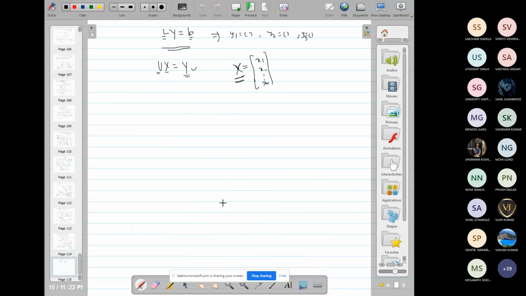Now consider one example. Solve the given system of equations 10x plus y plus z is equal to 12, and 2x plus 10y plus z is equal to 13, and 2x plus 2y plus 10z is equal to 14, by using the triangulation method.